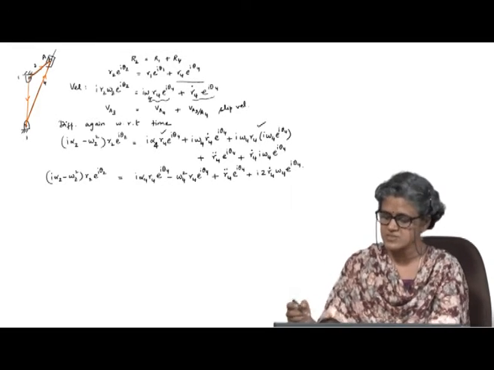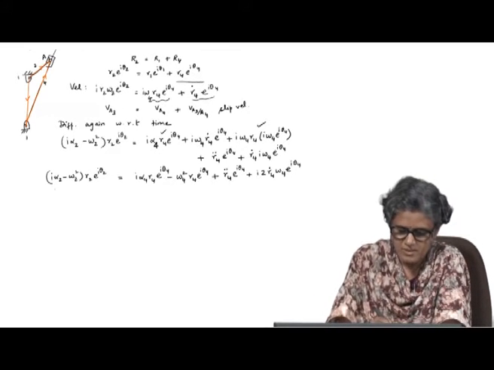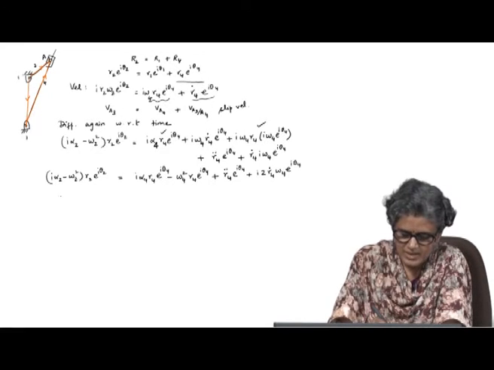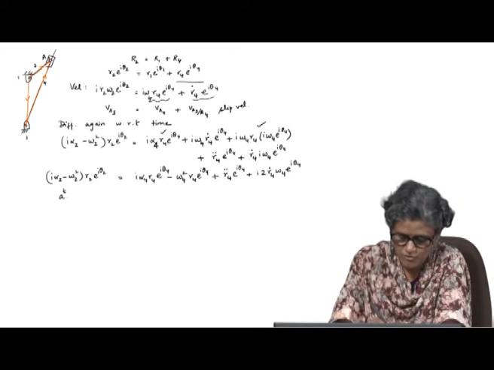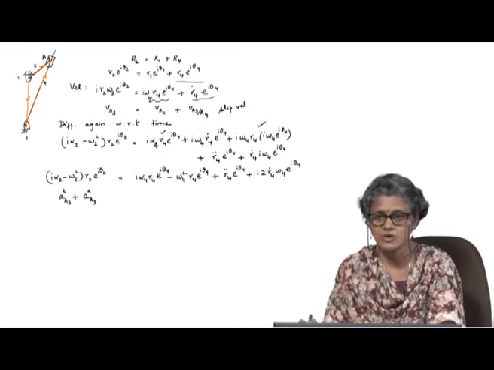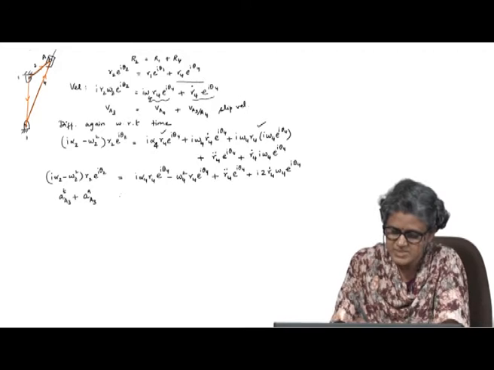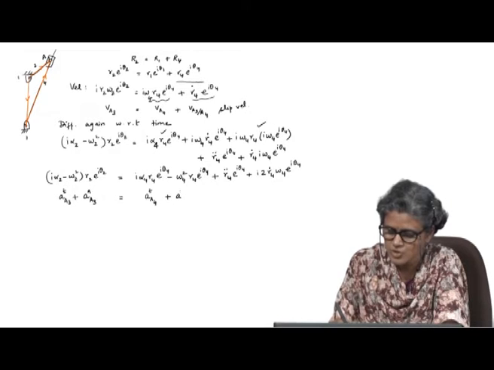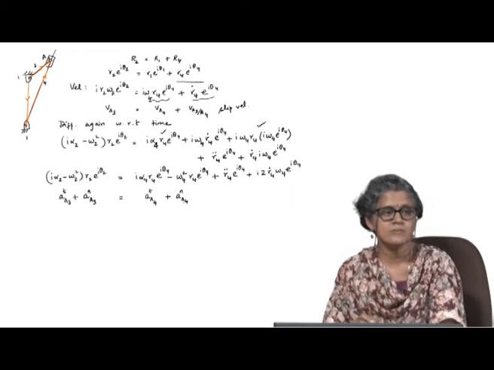Now, let us look at these terms. This is straightforward: the tangential component of the acceleration of A on 3 plus the normal component of the acceleration of A on 3, and this is equal to the tangential component of A on 4 plus the normal component of A on body 4.